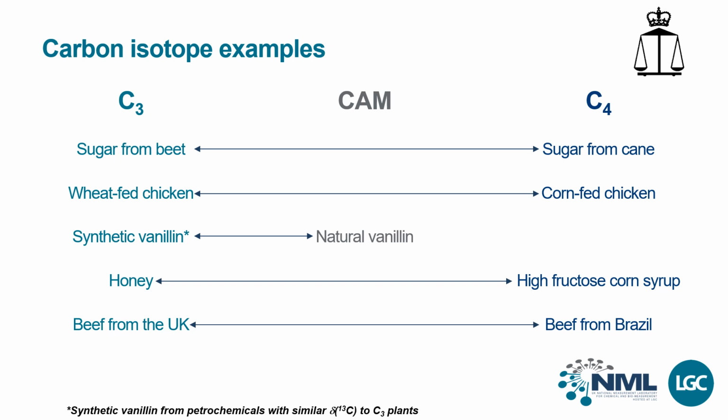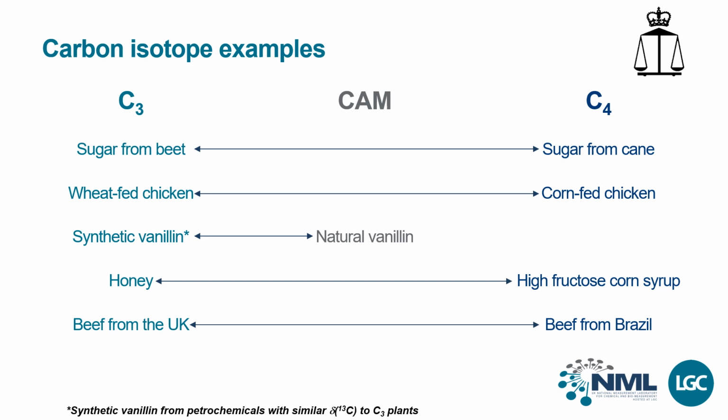The protein fraction acts as an internal standard, and differences in carbon isotope ratio between protein and sugar within honey indicate adulteration.